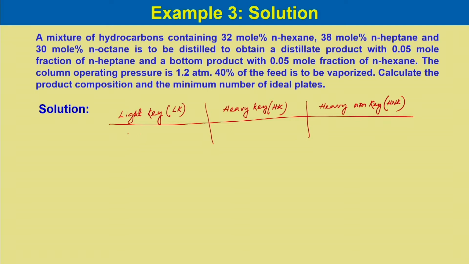So, we can consider these as n-hexane, n-heptane, and n-octane.